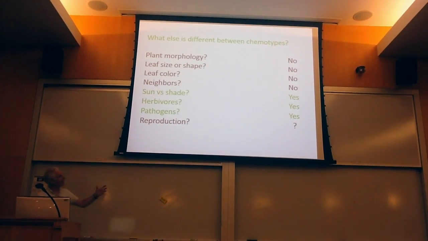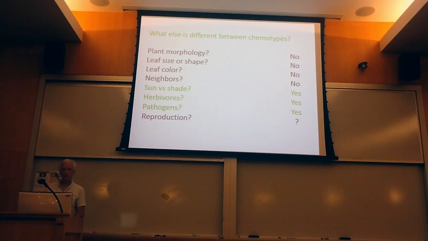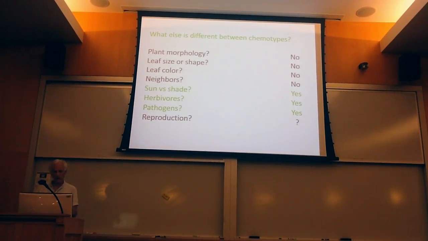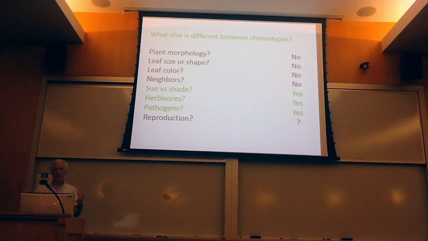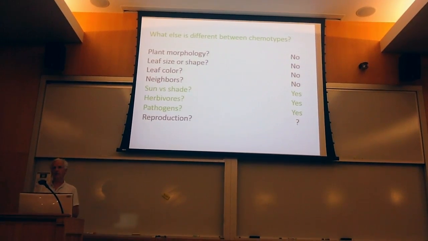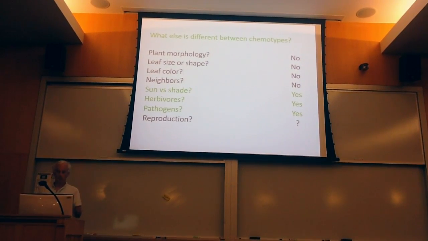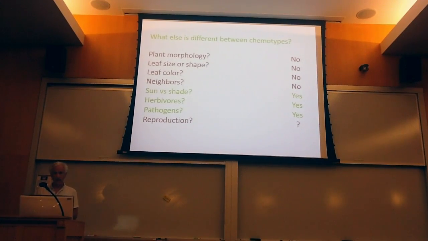And what else is different about these chemotypes? Again, we've looked at a whole bunch of different traits: plant, leaf shape, leaf size, plant growth form, morphology, leaf color, neighbors. None of those seemed like they were different. One of the chemotypes, camphor, was more common in the sun, thujone more common in the shade.